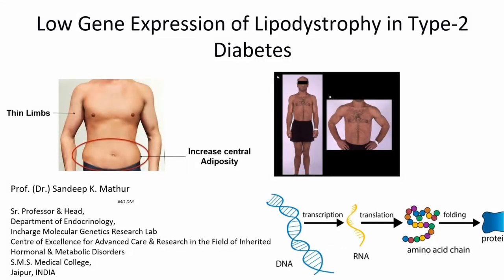Now I have the pleasure of introducing an out-of-the-box thinker, I must say, sir. Talking about Sandeep Mathur, sir, he is a clinician and scientist amalgamated into one. He has his own high-profile endocrine center looking at all complex problems, and he has done a lot of research, multiple intramural grants, ICMR, CSIR, RSSDI, and then the local diabetic research foundation.